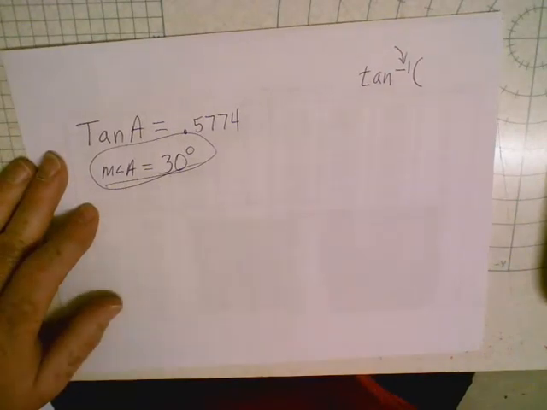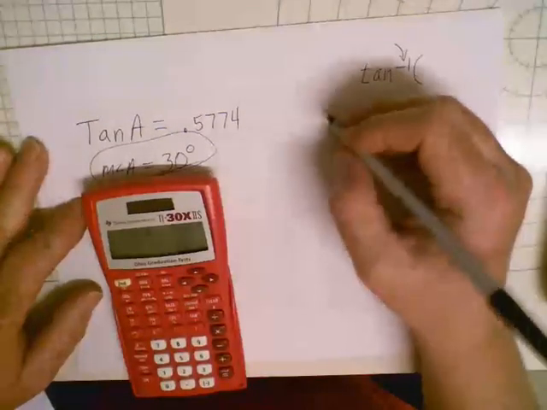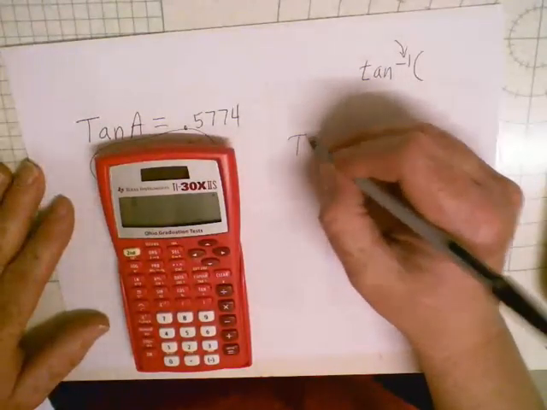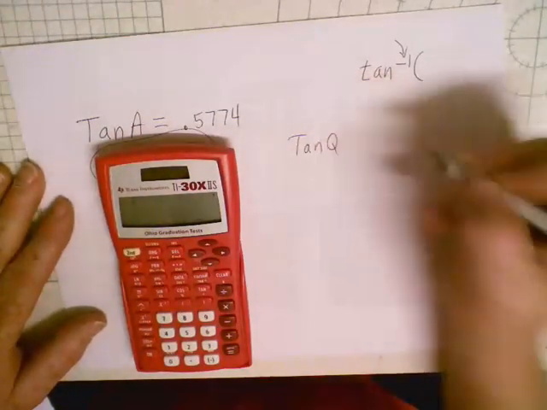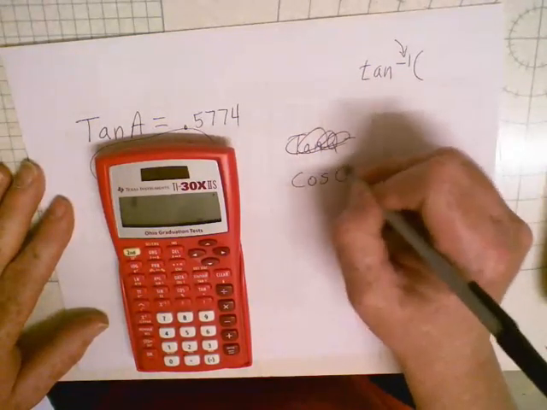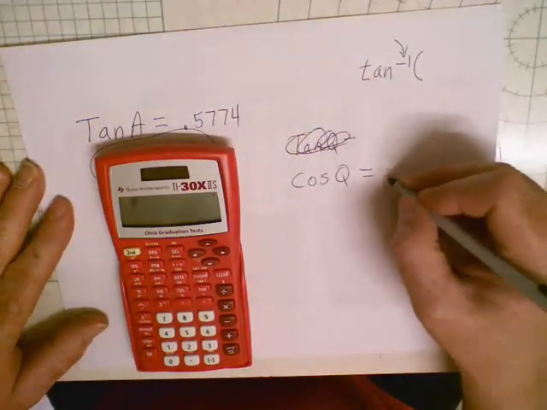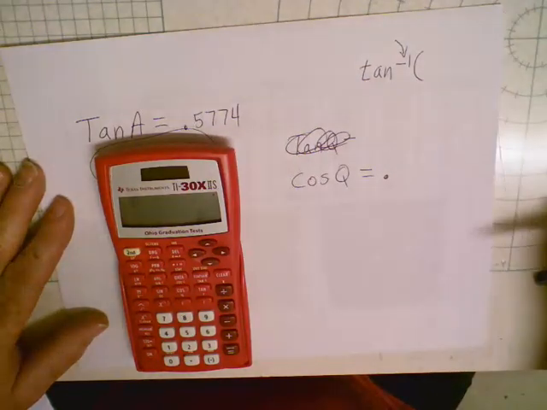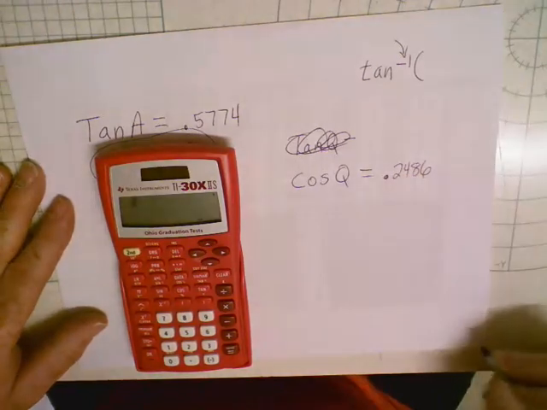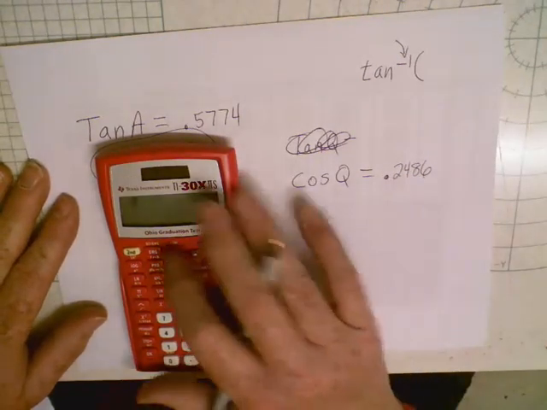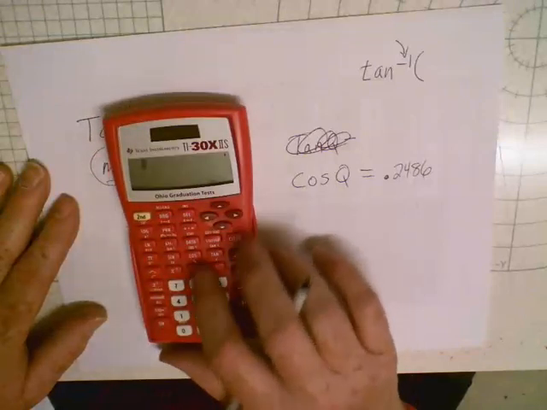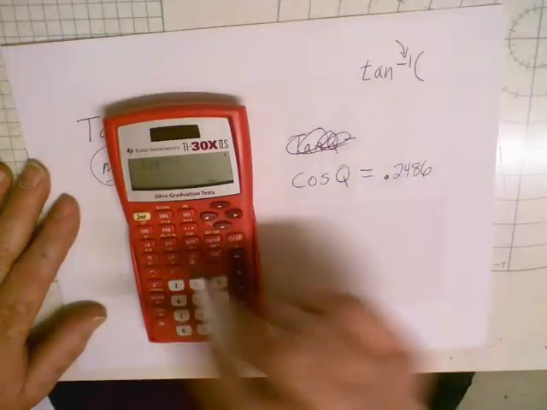If I do it using the red calculator, it doesn't matter, cosine of angle Q. Let's not do tangent, we just did that. Cosine of angle Q equals, I'm just going to make up some random number here, 0.2486. I hit second. Cosine. Notice it does the same thing.